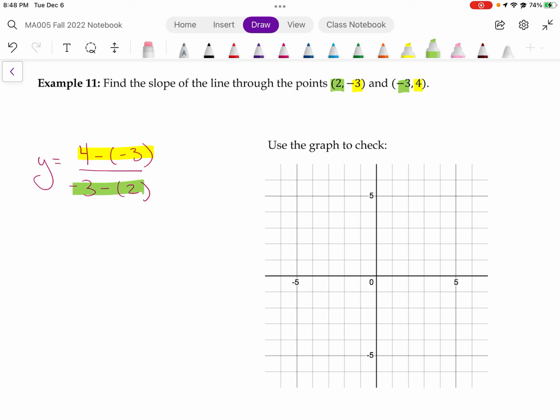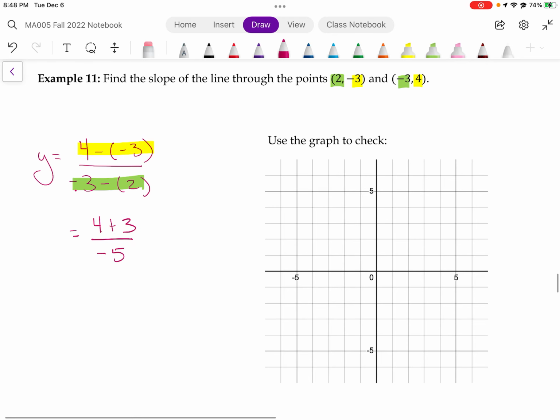So just keep track and do everything in the same order. If I take the second one minus the first one for the y's, I have to take the second one minus the first one for the x's. So I get 4 minus negative 3, which is the same thing as 4 plus 3. And on the bottom, negative 3 minus 2 is negative 5. So I get 7 over negative 5.